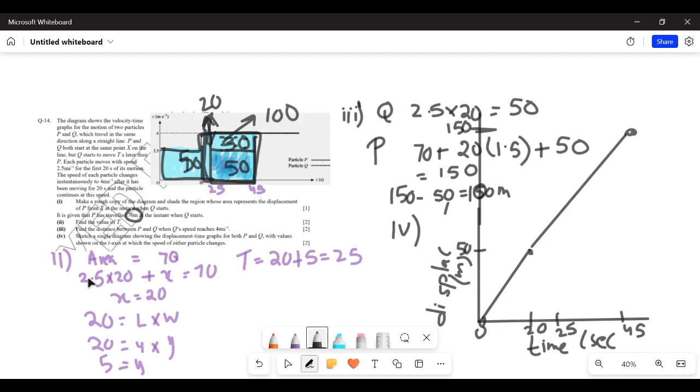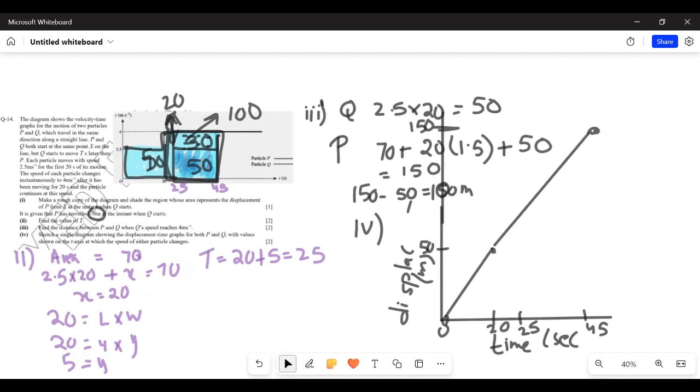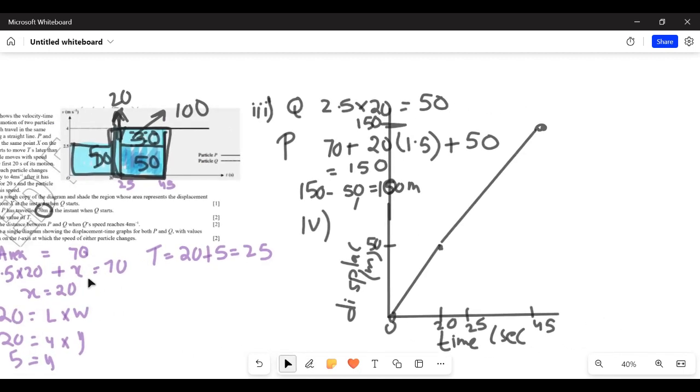Okay, now for Q, the displacement starts at 25 because Q starts to move at 25, but the displacement is 0 initially. So make the starting point at 25, and then it covers a distance of 50 meters at 45 seconds. So make a line like this.